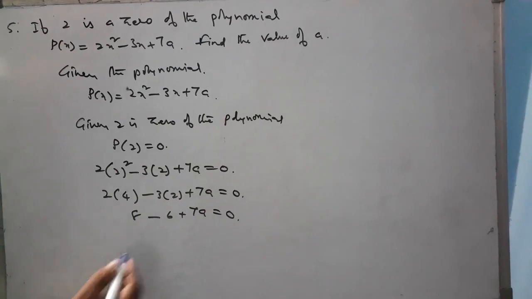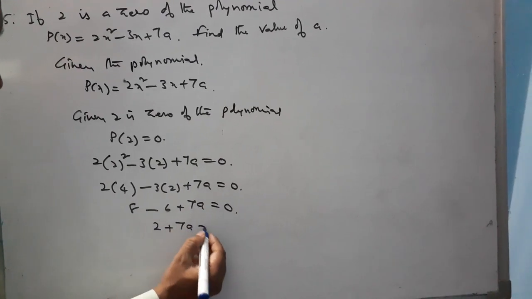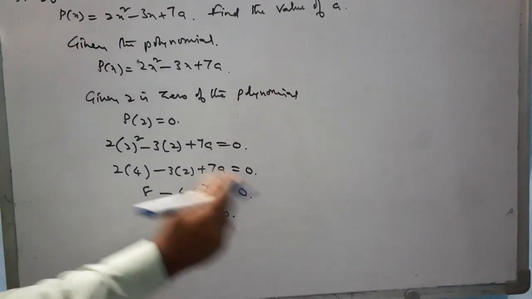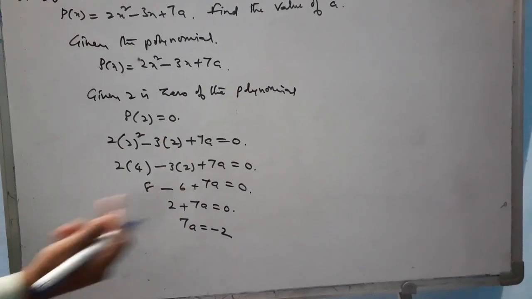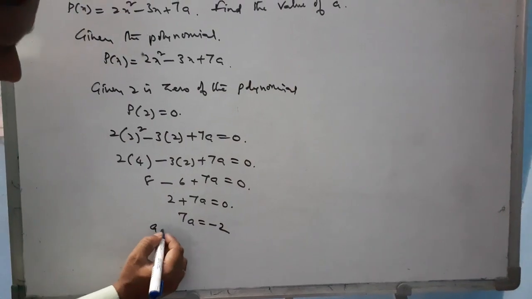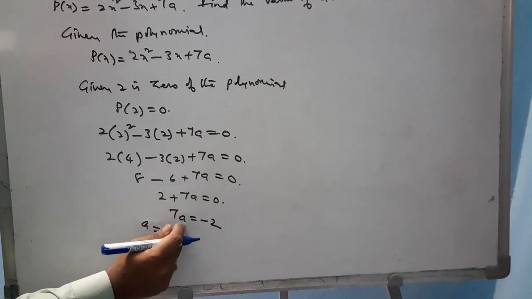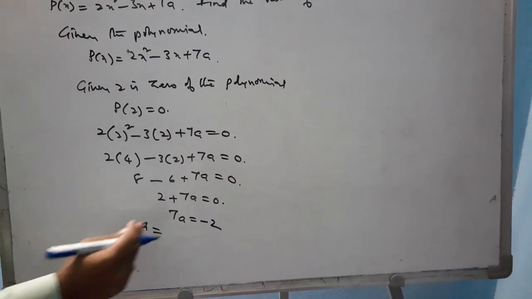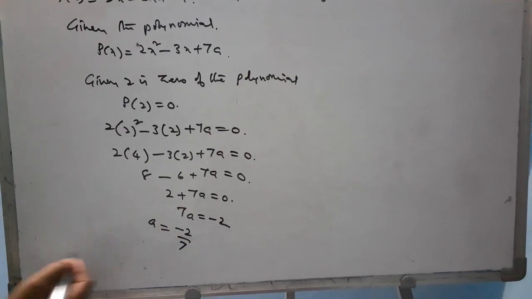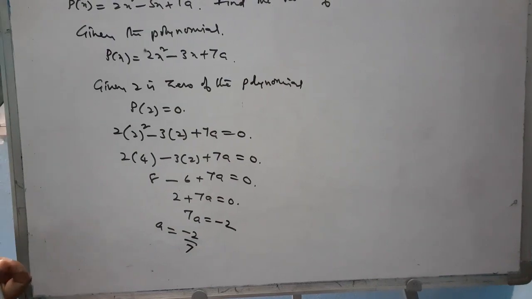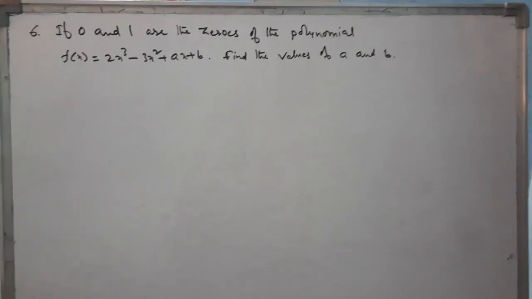So 8 minus 6 means 2 plus 7a equal to 0. So 2 bring into right side. So 7a is equal to minus 2. 7 is a multiple of a; if you bring it into right side, then it becomes the denominator. So a is equal to minus 2 by 7.